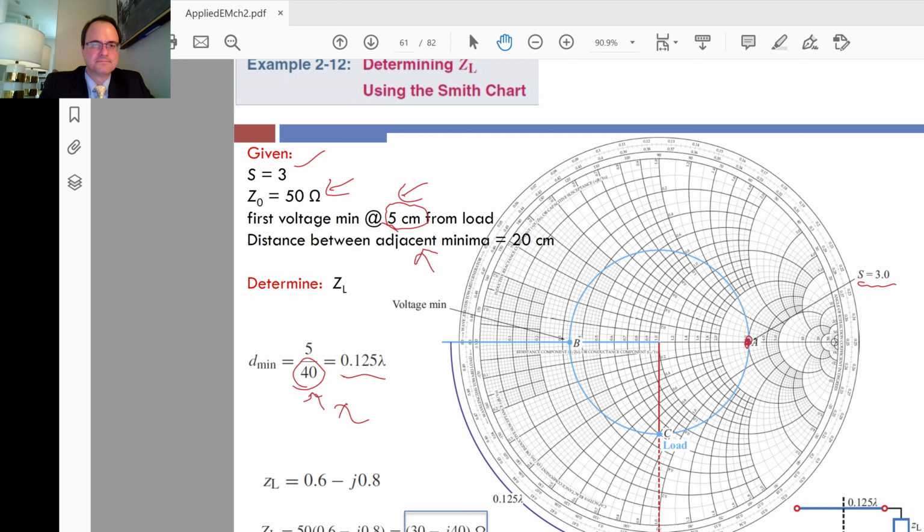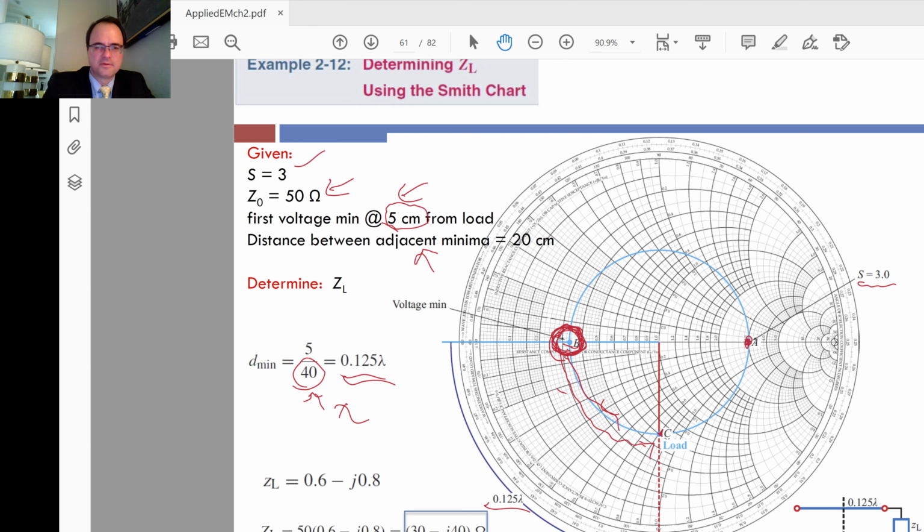Okay. So now, our voltage minimum always occurs on the real axis, but the negative of the real axis. So right here is our first voltage minimum. But we have to go 5 centimeters down the line to get to that position. And so our load is somewhere in this direction. When we go this distance from point B, we get to the location on the Smith chart that tells me the impedance of the load.